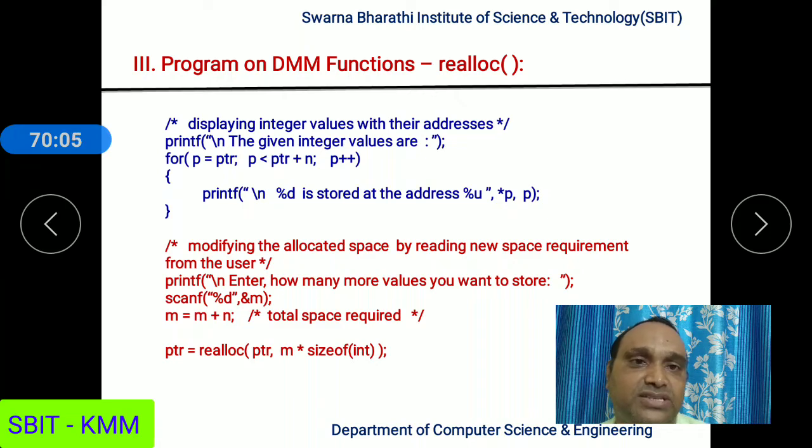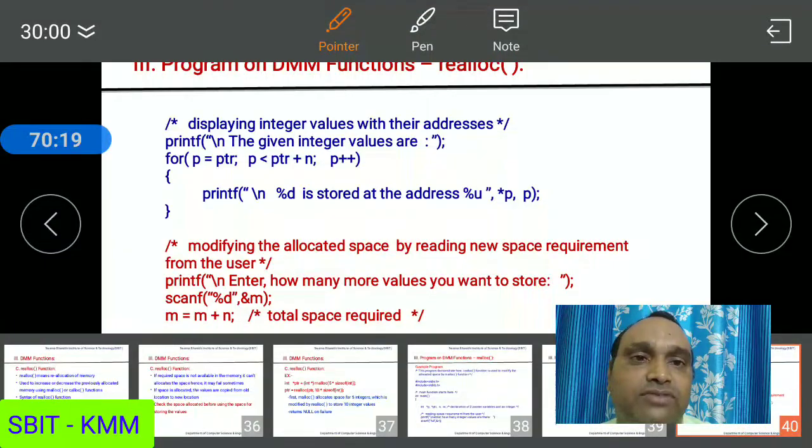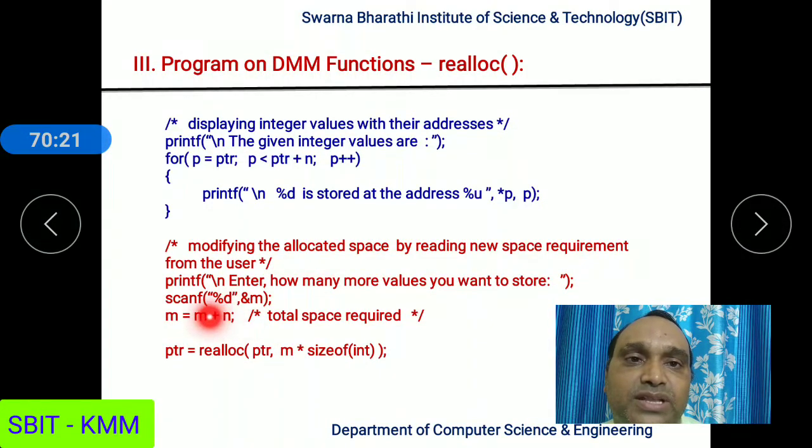We will request this using the realloc function with PTR. Now the m value is 3 because we have modified the m value. The user has given the m value as 3. We have added the new value of m, which is its old value of m plus n. N value is 5, m value is 3 given by the user, 3 plus 5, so 8 is the latest value of m. So we are asking the realloc function to allocate the size for storing m integer values.